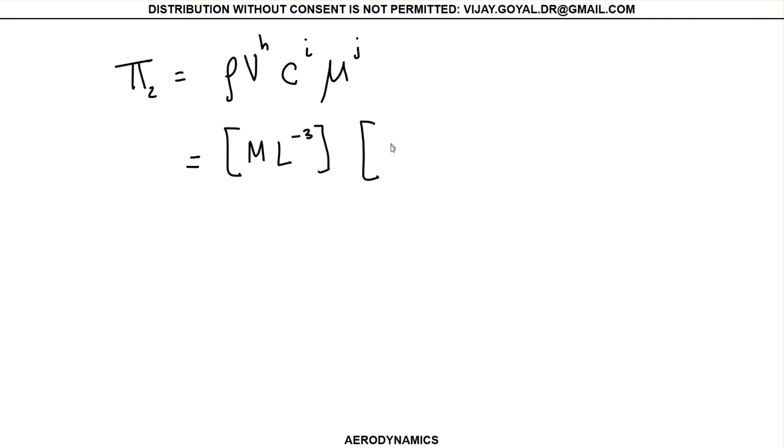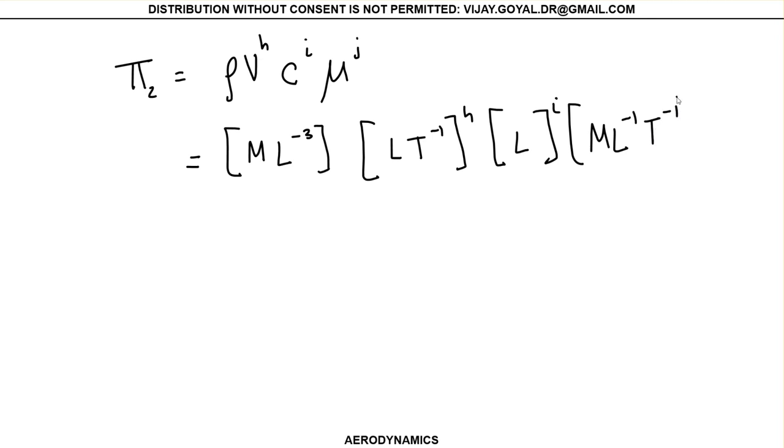This is M L minus 3, the first term. My speed is length times time minus 1, to the H power; length to the I power; M L minus 1 T minus 1 to the J power.